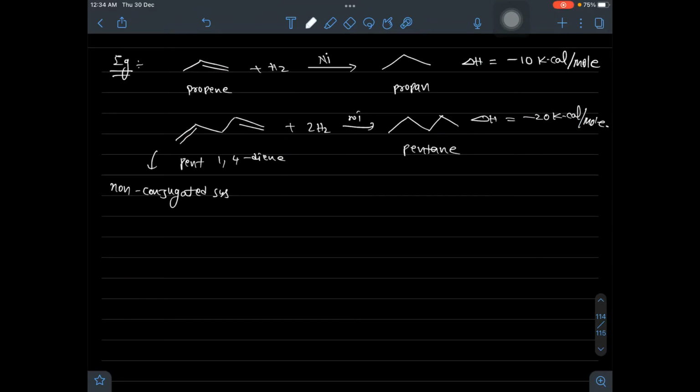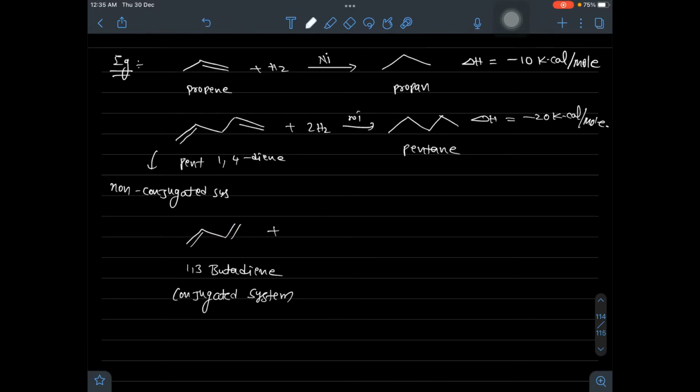Now another example, 1,3-butadiene. In 1,3-butadiene, the double bonds are at alternate positions, so it is a conjugated system. A conjugated system will delocalize pi electrons, and due to this delocalization they acquire some additional stability.